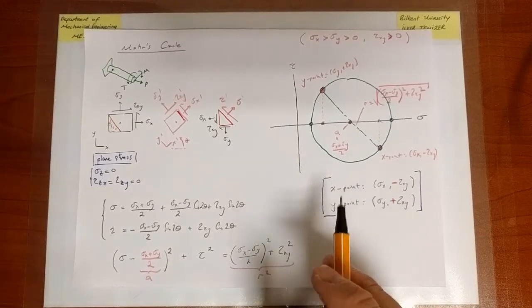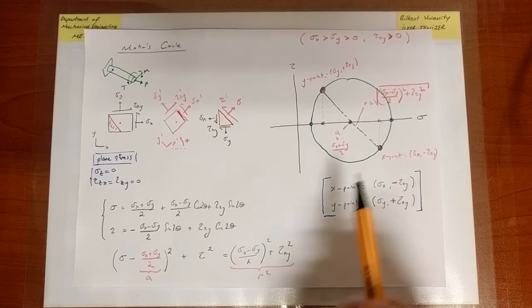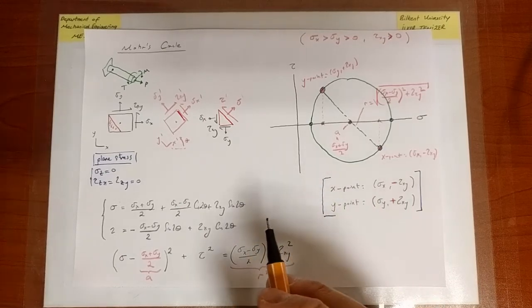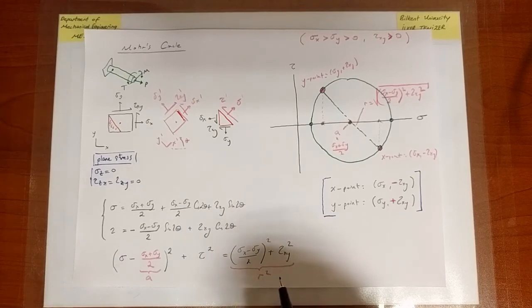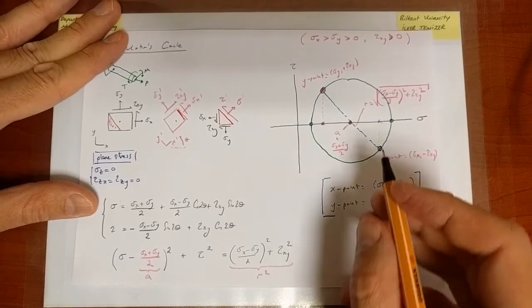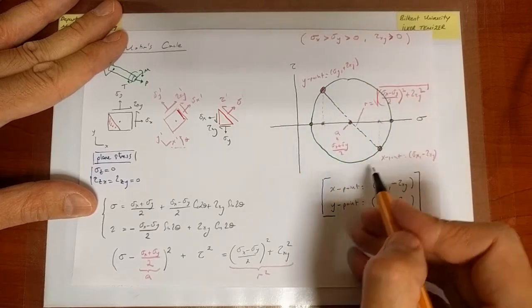Now, once I do that, there are a few things that I can immediately observe. Observation number one has to do with the principal normal stresses and the rotation that's necessary to reach that plane. All right. So, first of all, what am I finding out from this circle?